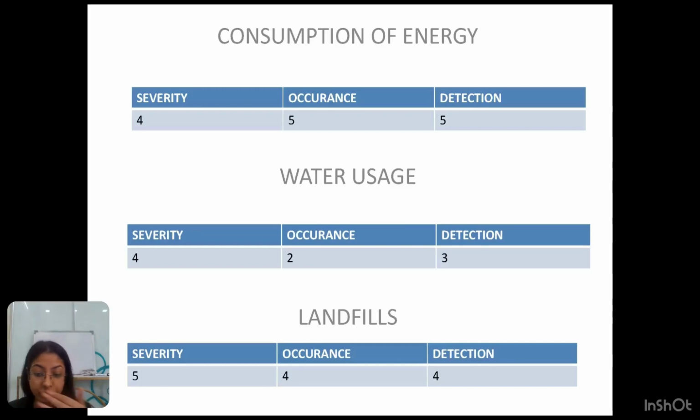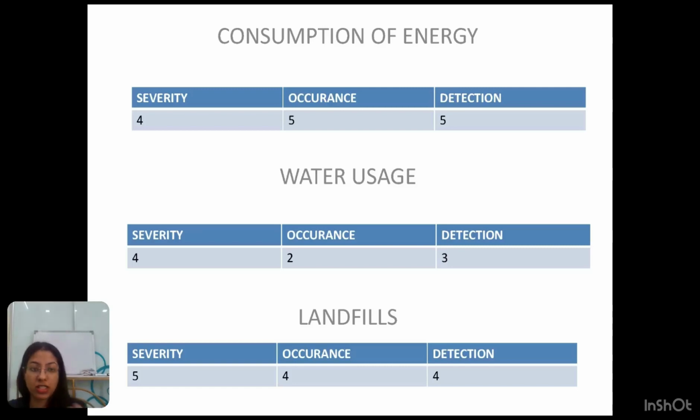You can score it using the numerical scale or with a high, medium, low scale also. I've done it with a numerical scale. The highest is 5 and the lowest is, I think, 2. So you can go with it like this also.